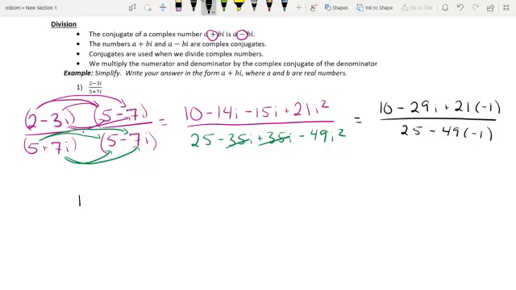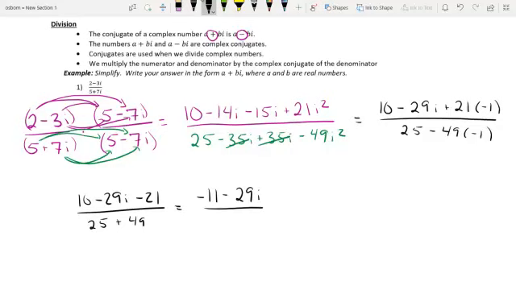Alright, so that means I've got 10 minus 29i minus 21 over 25 plus 49. So that gives me negative 11 minus 29i over 74.